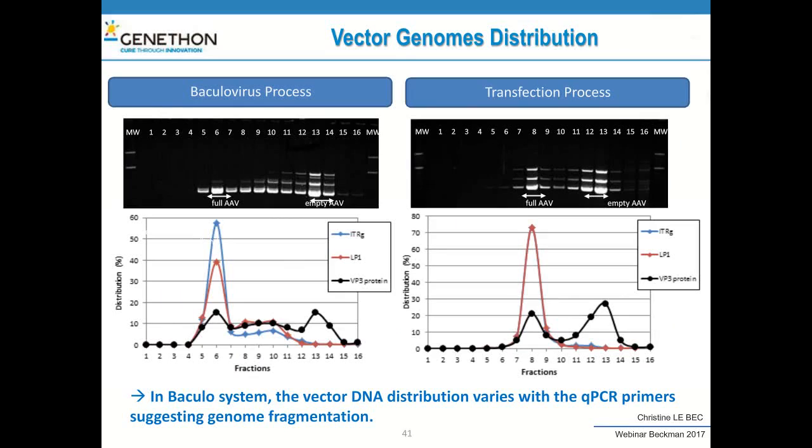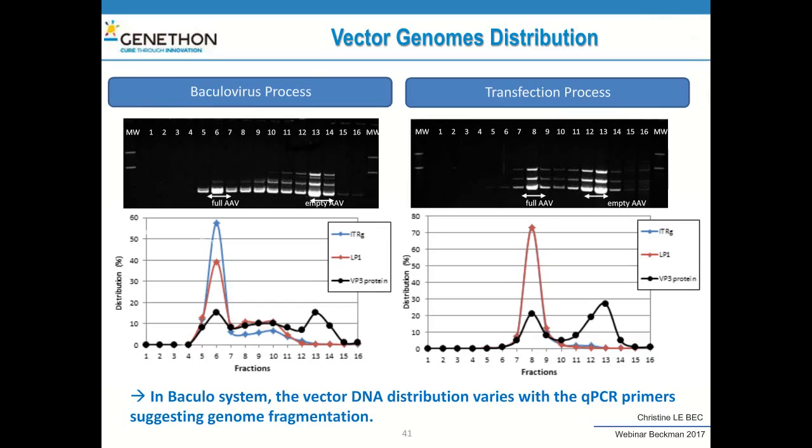We have also analyzed by qPCR, targeting some sequences of the transgene of the genome DNA, just to analyze what the intermediate species are. In blue, by targeting the ITR sequence, and in red by targeting a specific sequence in the transgene.